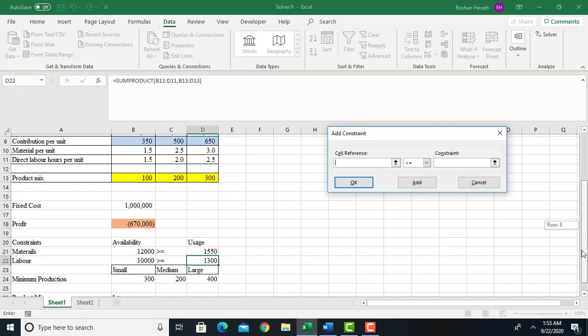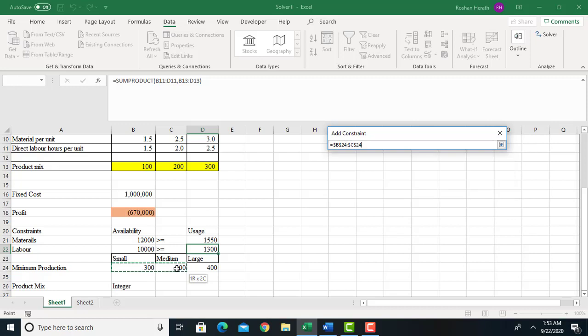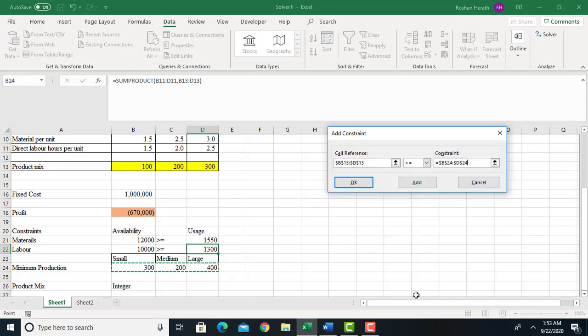Again, the fourth constraint is about the minimum requirement. You need to ensure that your product mix is greater than or equal to the minimum requirement.